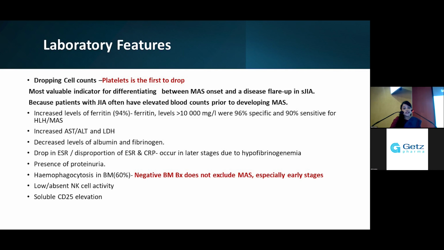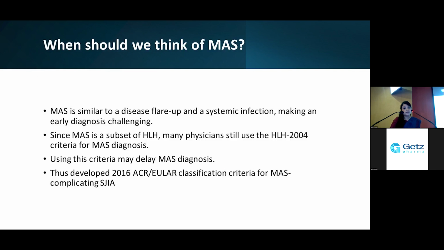The other important point is that hemophagocytosis is seen in only 60% of patients. Therefore, 40% of patients can be negative on bone marrow biopsy, and this does not exclude macrophage activation syndrome. Immunomarkers, NK cell activation and soluble CD25 elevation, are also reported to be present.